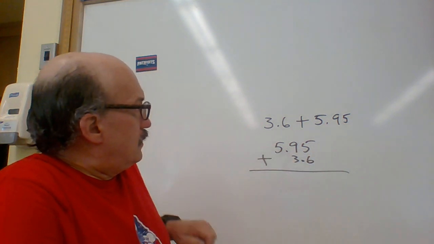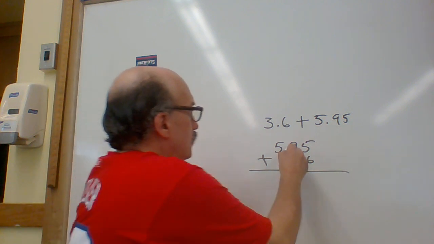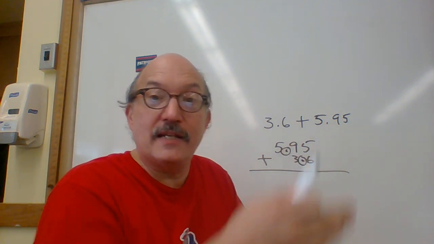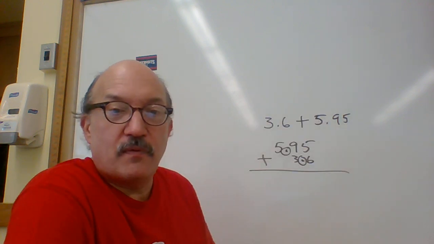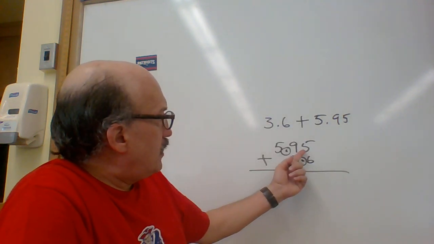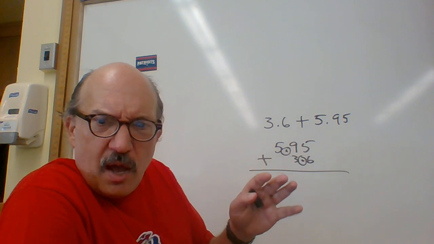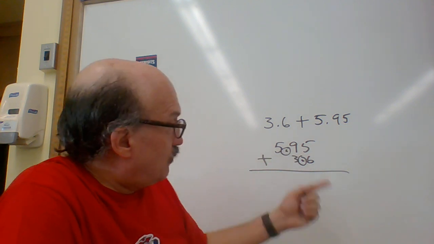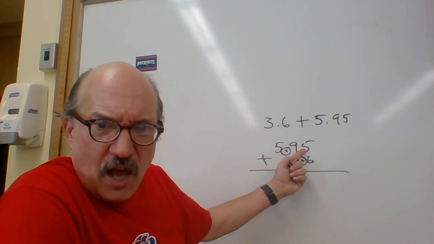If we're adding or subtracting, we cannot have this. Those decimal points are not what I call lined up. Lined up means one on top of the other. And the problem is that it's really a problem of different denominators as far as fractions are concerned, right? Because this 5 is 5/100ths.